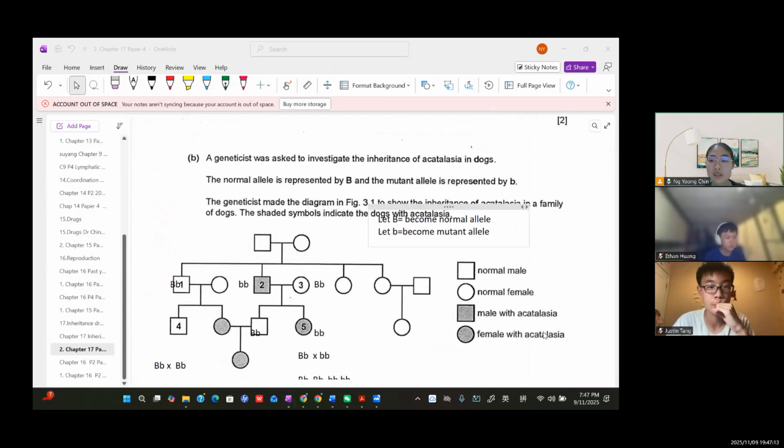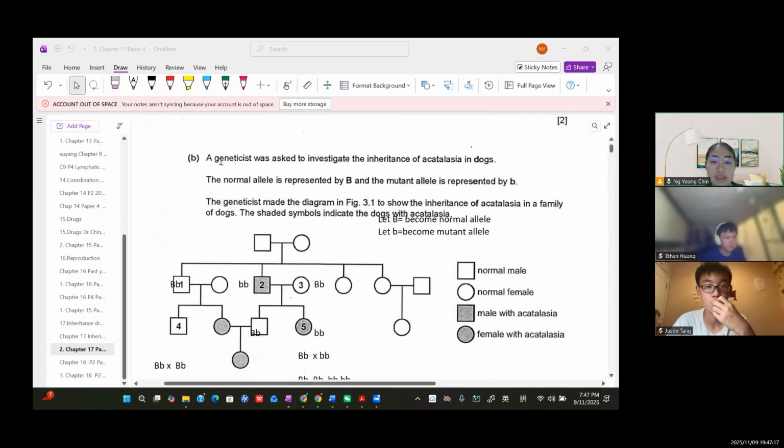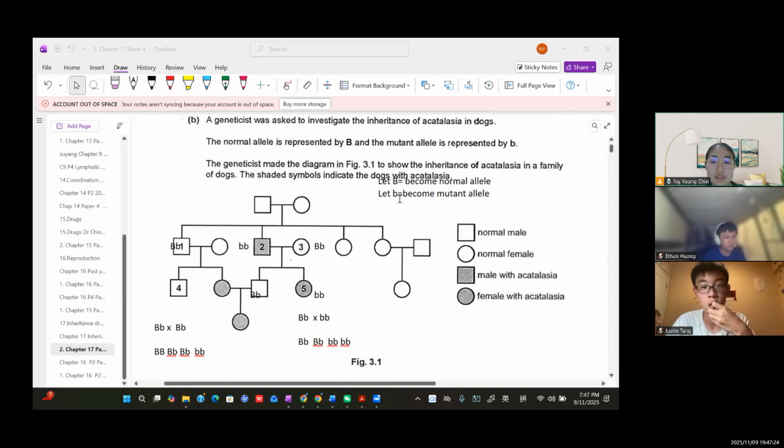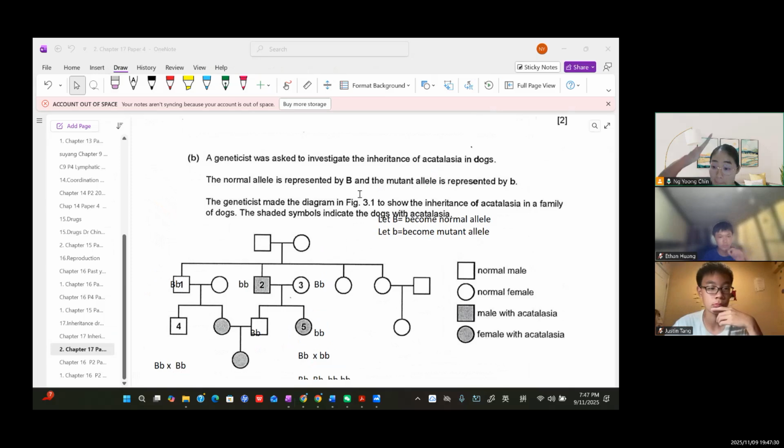So, a geneticist was asked to investigate the inheritance of achalasia in dogs. The normal allele is represented by the capital B, and the mutant allele is represented by the small b. So what does this mean? One is dominant, one is recessive allele.